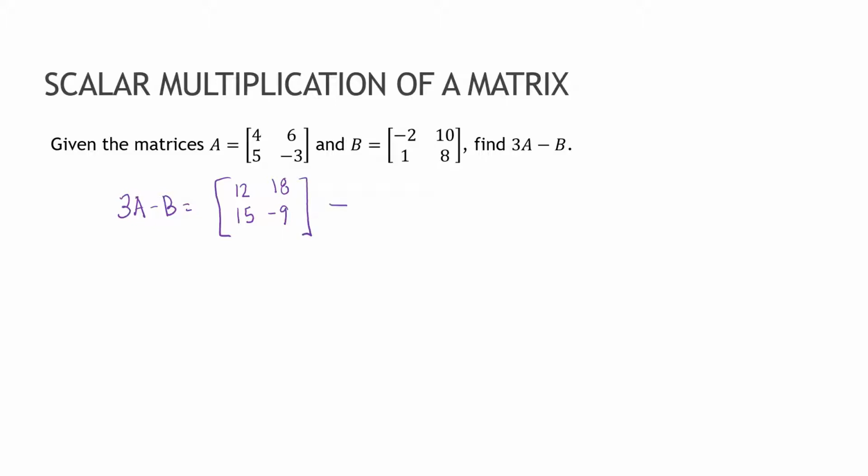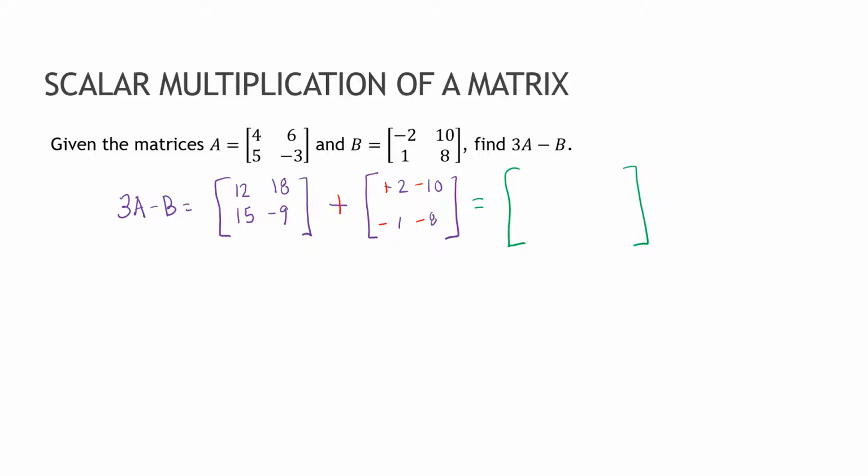I'm subtracting B, so I'm subtracting negative 2, 10, 1, 8. Before I actually subtract, I'm going to change it to plus and change every sign in the matrix following. And now I'm just going to add together items in the same position.